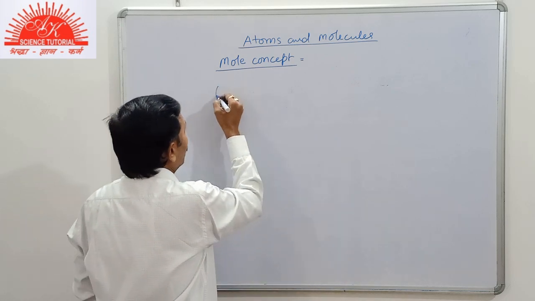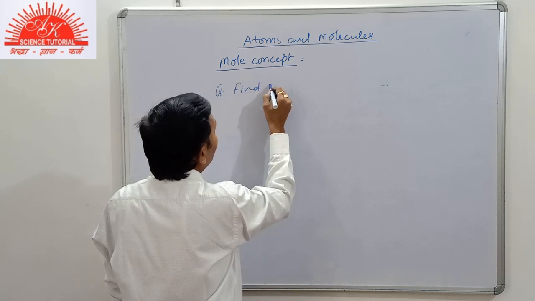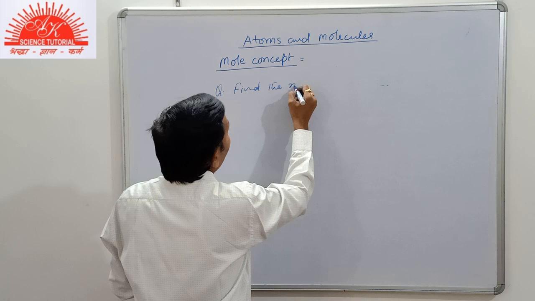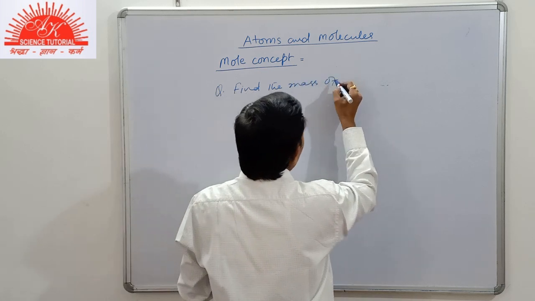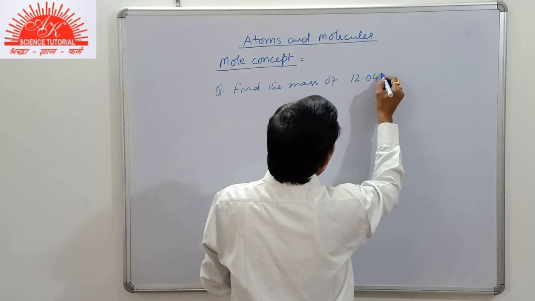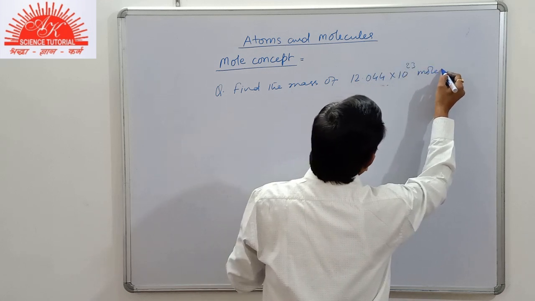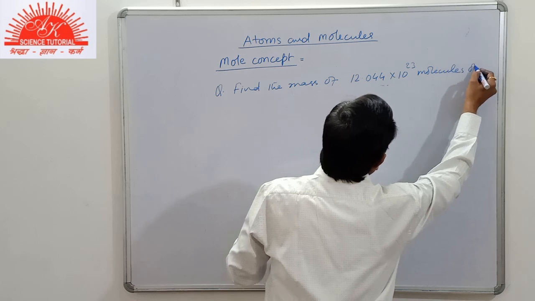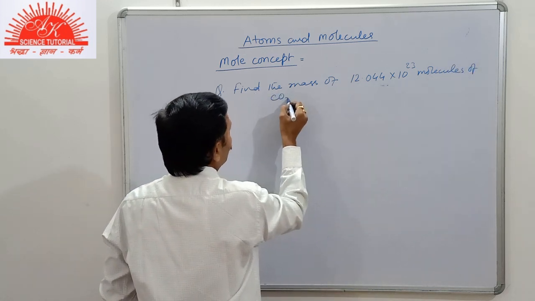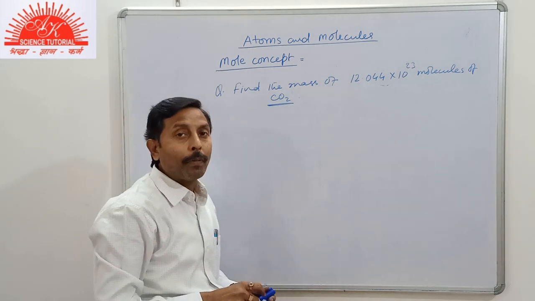Like the question here: find the mass of 12.044 into 10 to the power 23 molecules of CO2. Now again we have taken a molecule, a compound.